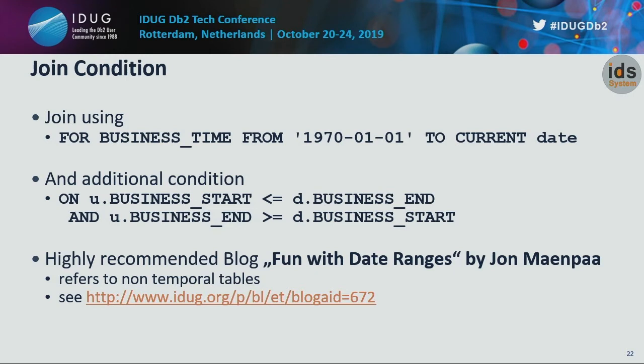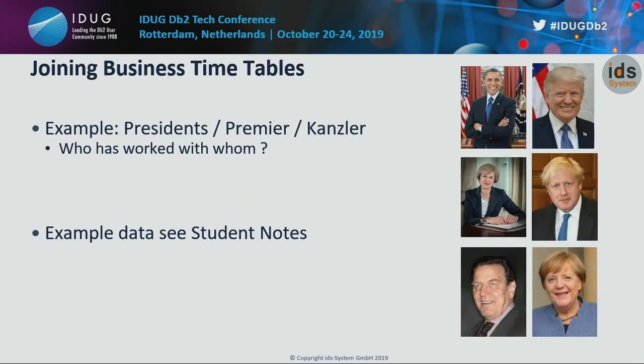So in order to go to a real example, my customer data was not good enough to take here, but I made up an example we all could understand. It's a little bit political in my eyes, but we don't go into too much detail. I provided a table with the presidents of the USA, another table with the premiers of the UK, and the Chancellor in Germany.